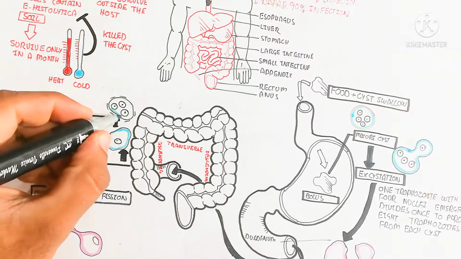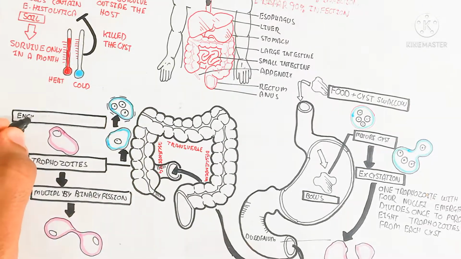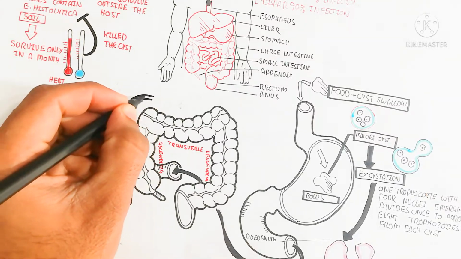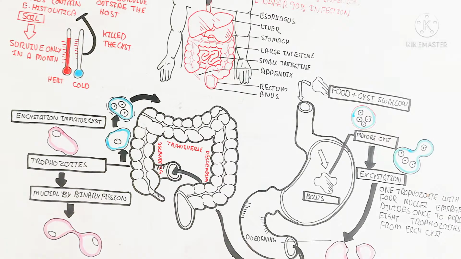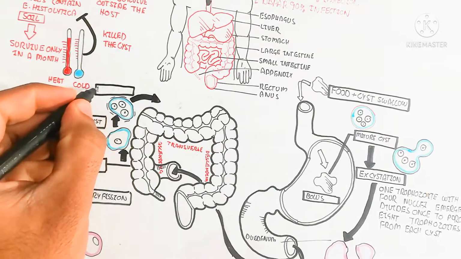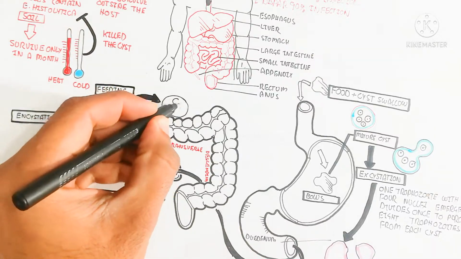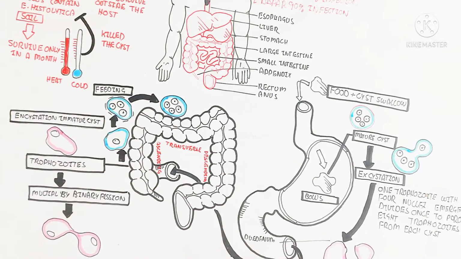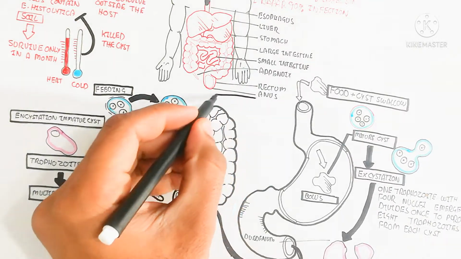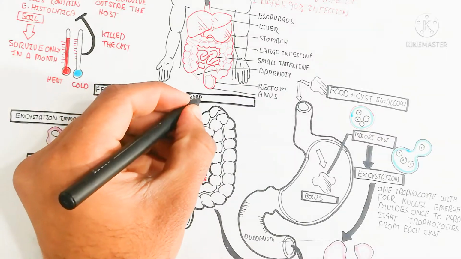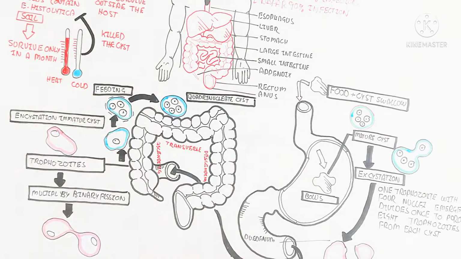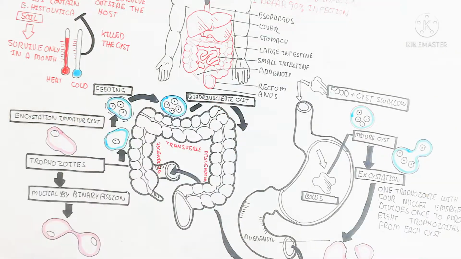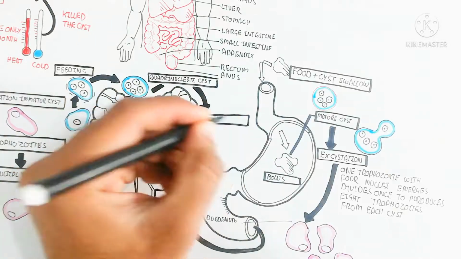This is the immature cyst, which contains one nucleus. After replication, by feeding from the host, it produces 4 nuclei, and this is known as the quadrinucleate cyst. This quadrinucleate cyst is non-infective in the human, due to the thickness of the mucous membrane.